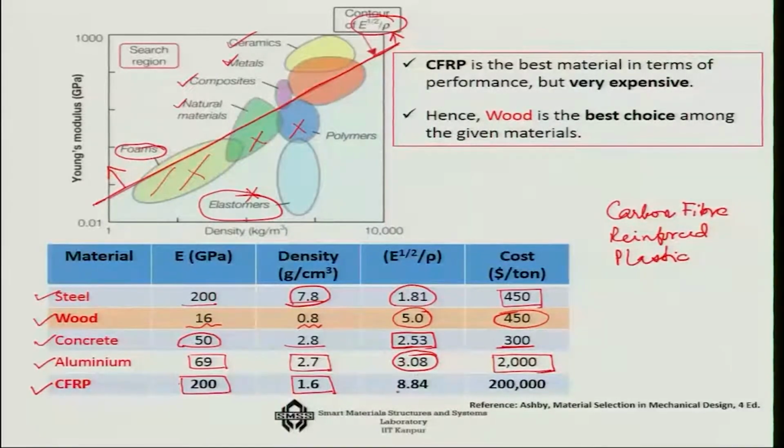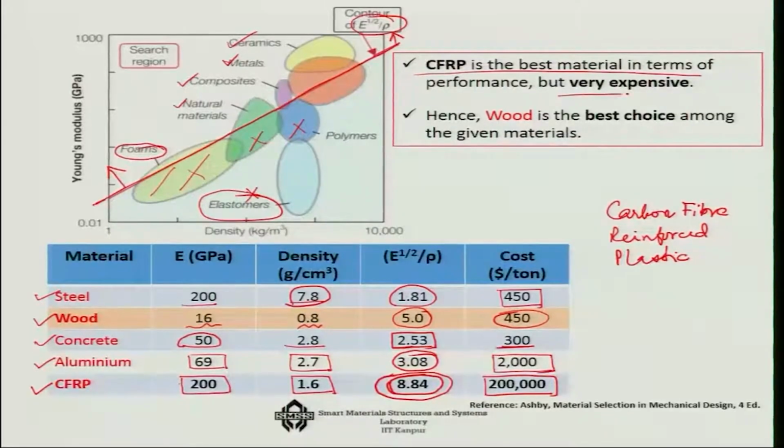So, what is the factor square root over E by rho? 8.84. This is the topmost material, as you can see. This is even better than wood. But what is the cost? Something like a very high cost per ton, as you can see here.